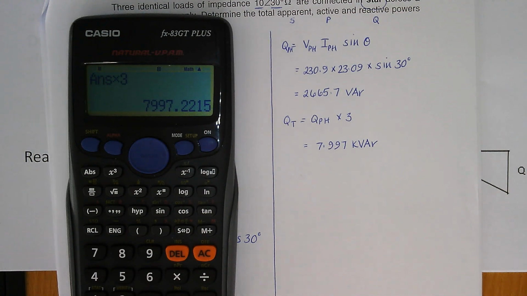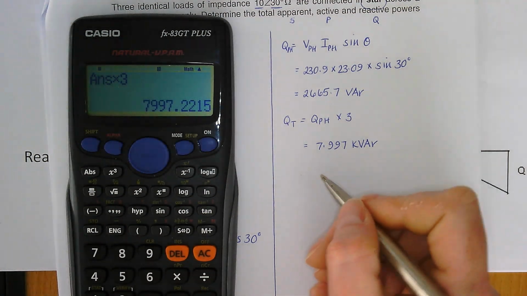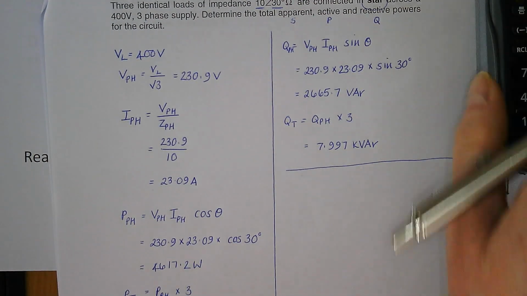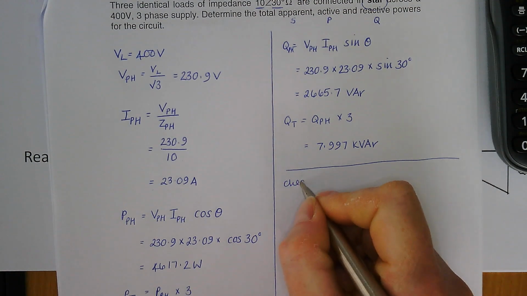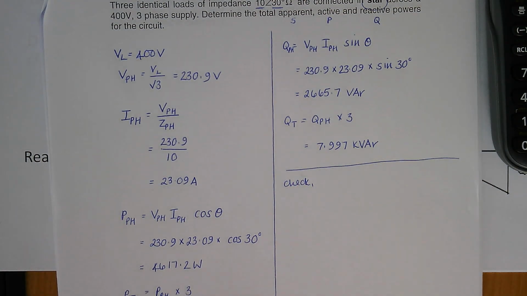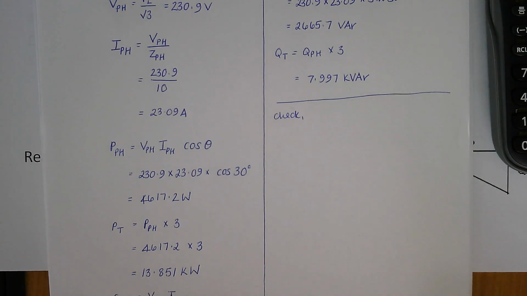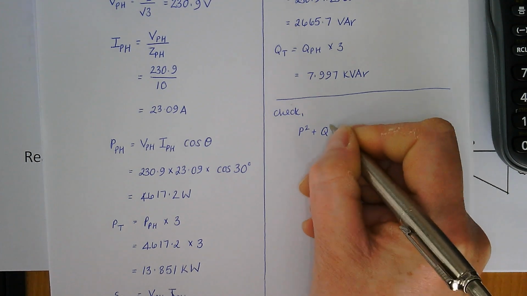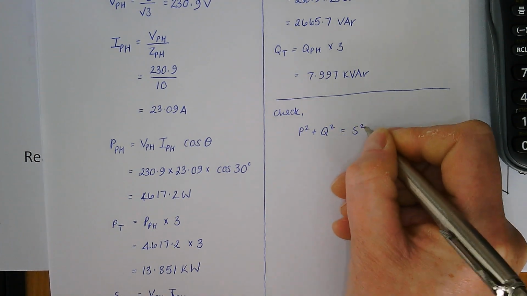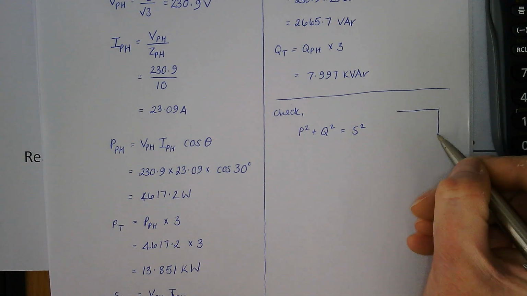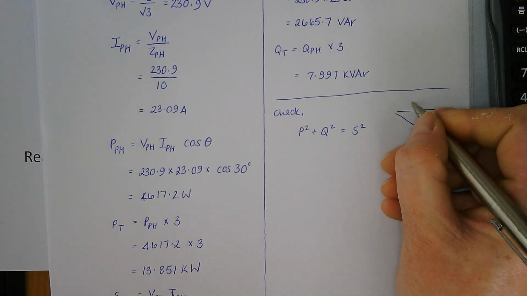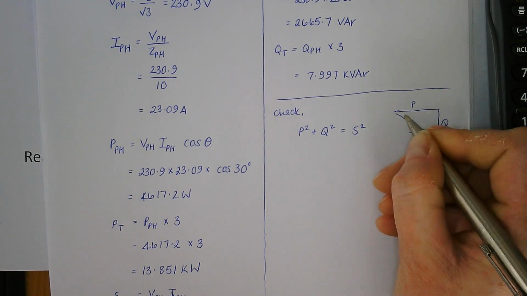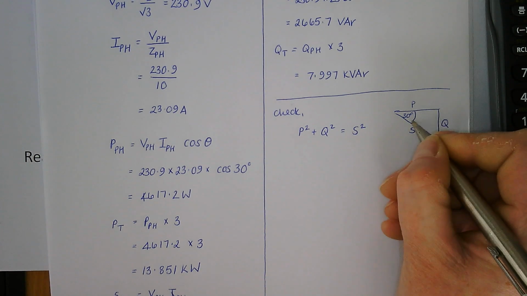7.997 kVAR. And just to make sure that what I've done is correct, I'm going to check it using Pythagoras, because I know that P squared plus Q squared should be equal to S squared from your wee power triangle, where P goes across to the right, Q is there, S is there, and that would be your 30 degrees in this instance for your angle.